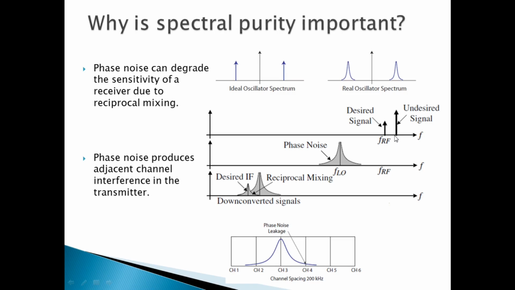It is not just close in terms of frequency value, but its amplitude too is much larger than the desired signal. So, what happens in the process?